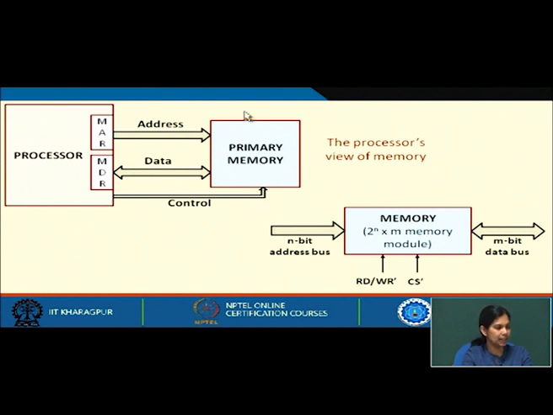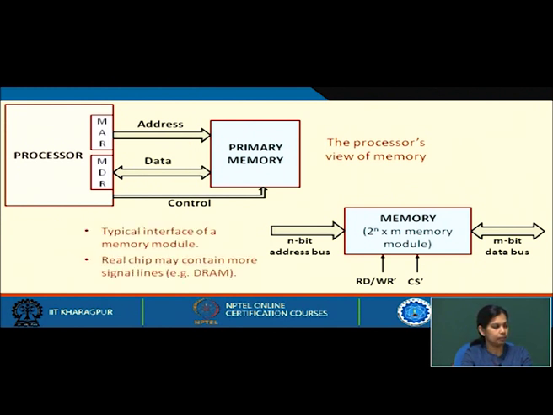Now we will see how a set of memories will be connected with this address line and this data line. This is a typical interface of the memory module; a real chip may contain more signal lines.